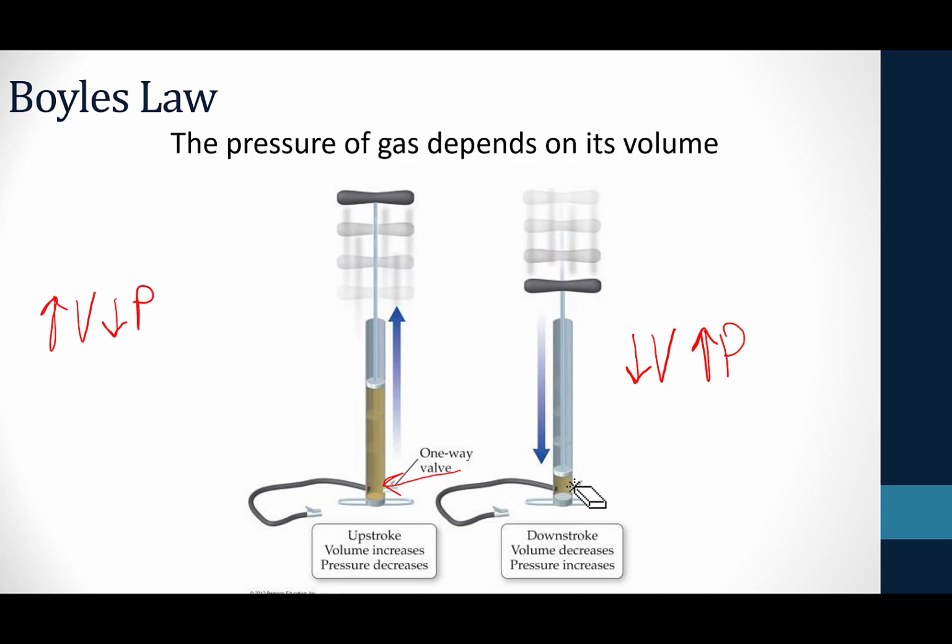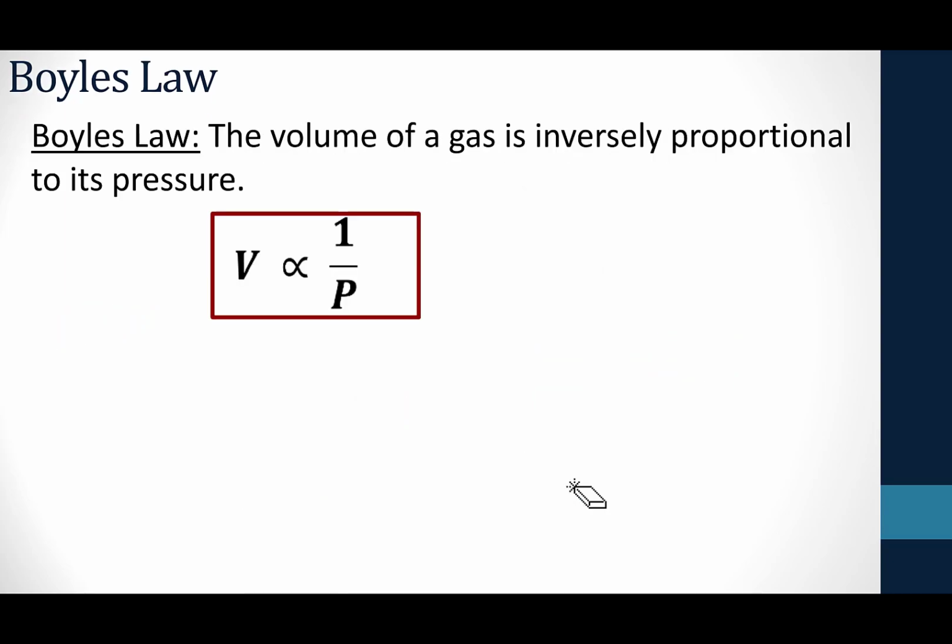So this is the concept behind Boyle's Law. Boyle's Law is defined as: the volume of a gas is inversely proportional to the pressure. Okay? So let's talk about this symbol here. This little fishy symbol right here is the symbol for proportional to. It's just the way that we symbolically represent that.